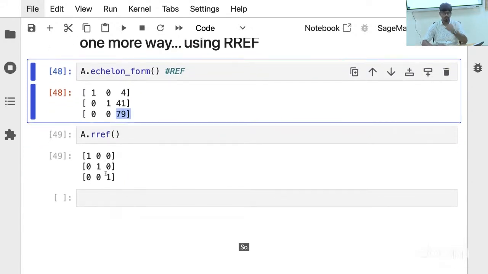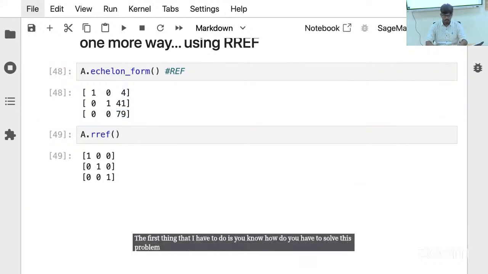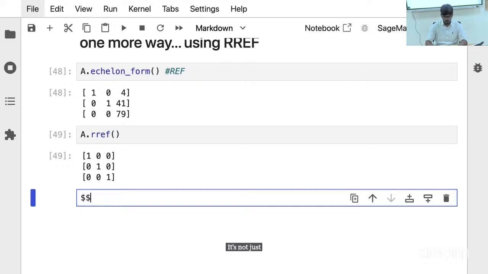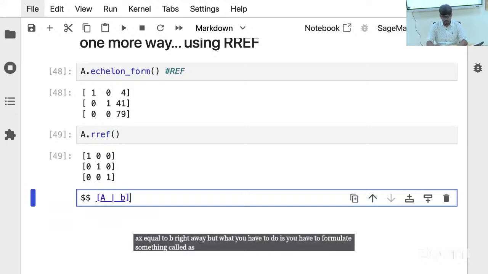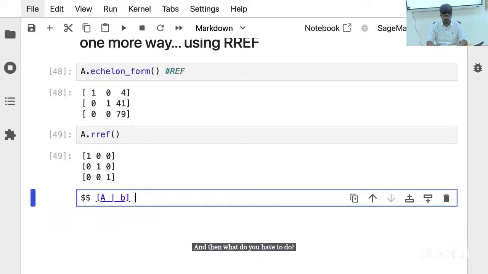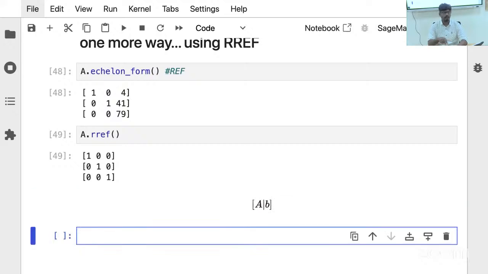So now how do I solve using row reduced echelon form? The first thing is that you don't just solve AX equal to B right away, but you have to formulate what is called the A augment B. Then you find the row reduced echelon form of it.